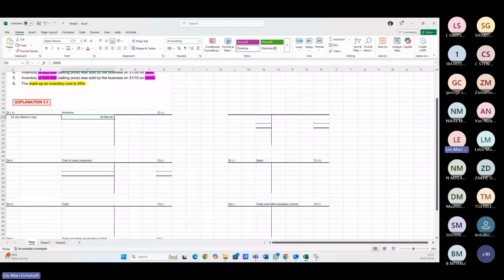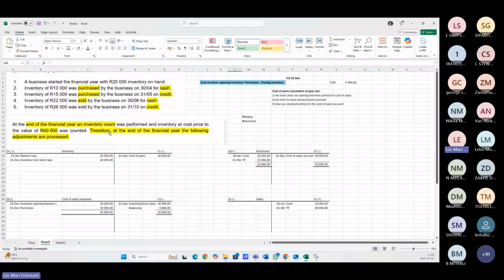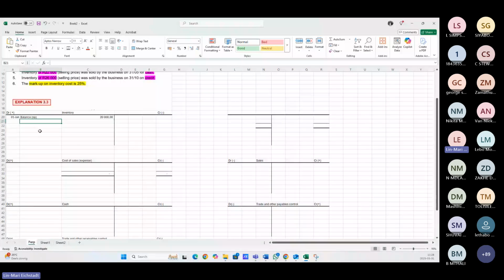Right, so if we then go to our inventory account, which is different to that in our periodic system. In our periodic system, we didn't touch this inventory account as we went along with the purchases. We added the purchases that we did in our purchases account. So in this instance, we have our cash purchases for this 10,000.